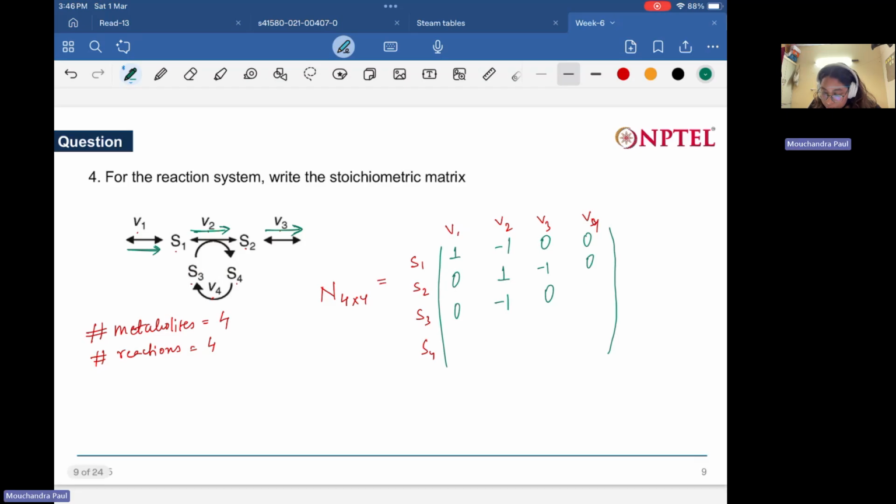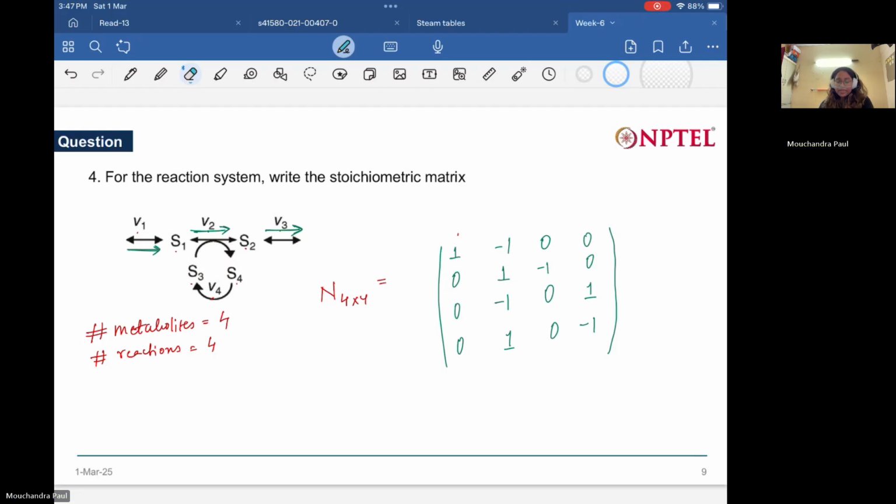S3 is the product in reaction 4. Similarly, for S4, S4 is not involved in reaction 1. S4 is the product in reaction 2. S4 is not involved in reaction 3, whereas S4 is the reactant for reaction 4. So like this, you will get a stoichiometric matrix for this particular reaction scheme.